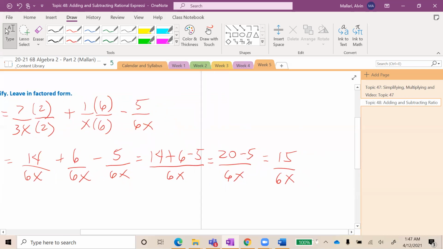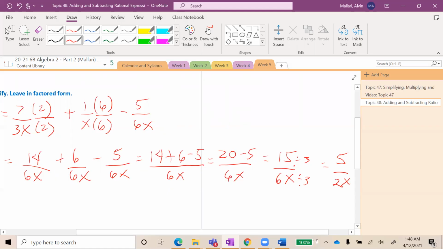Now, can this still be reduced to lowest terms? Yes. See how 15 and 6 have a common factor of 3. So we can divide the numerator and denominator by 3. 15 divided by 3 will be 5. 6x divided by 3 would give us 2x.